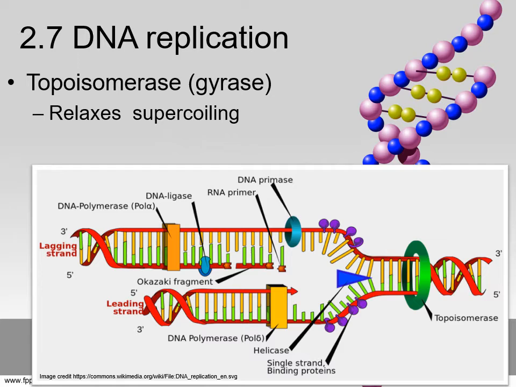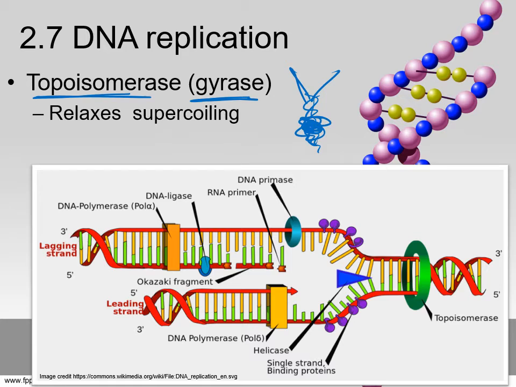Topoisomerase, which is also called gyrase, so either one of those is fine, is going to relax the supercoiling. You can imagine that if you had a piece of twine or embroidery floss and you just started to pull the edges apart and you pulled really hard to try to separate those strands, you're going to end up with a big knot down here. Same thing's going to happen with our DNA.